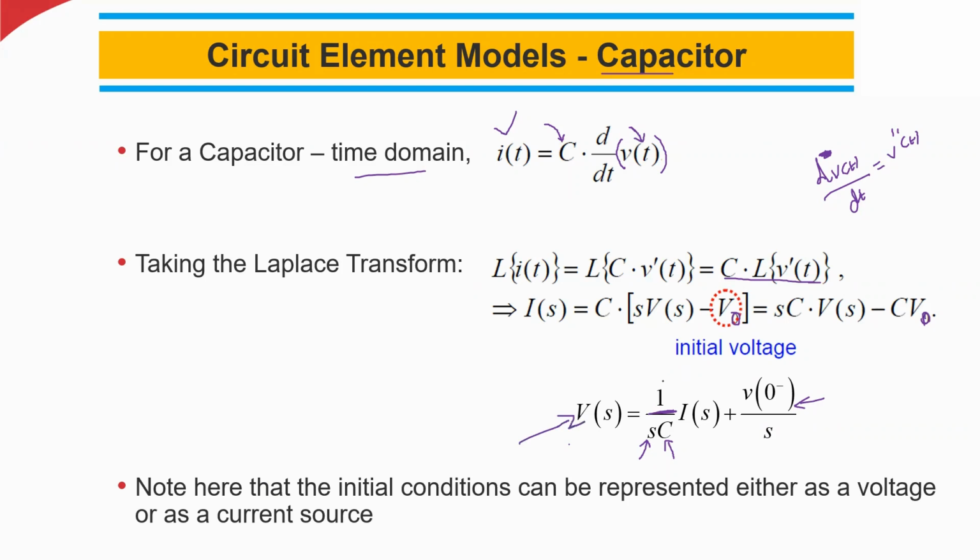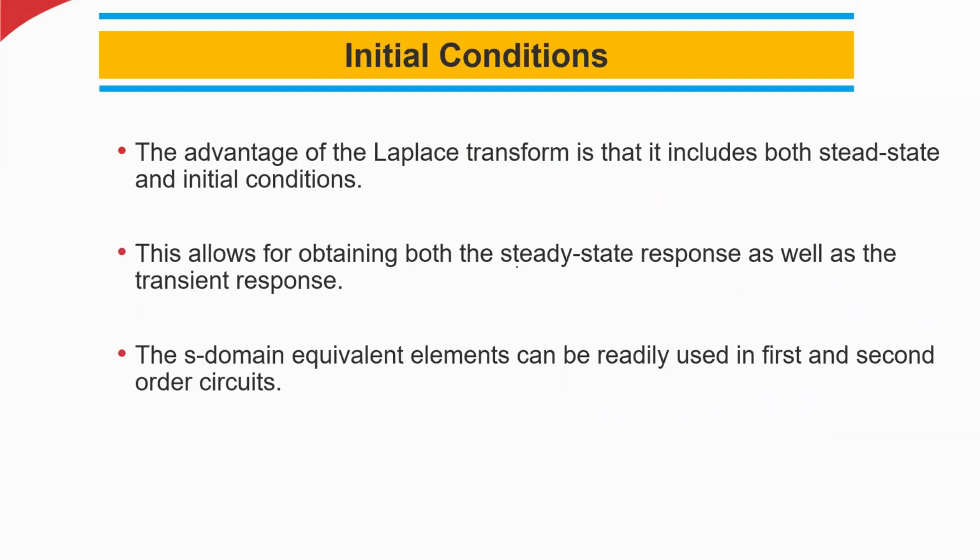So V(s) is equal to 1 divided by sC times I(s). This is the voltage across the capacitor. If you consider the initial voltage, then that will be V(0-) divided by s. If we assume the initial voltage across the capacitor is 0, then we can ignore this term. So this is how we represent this.